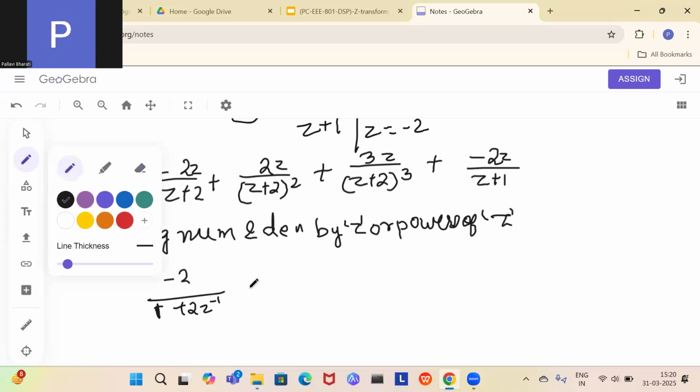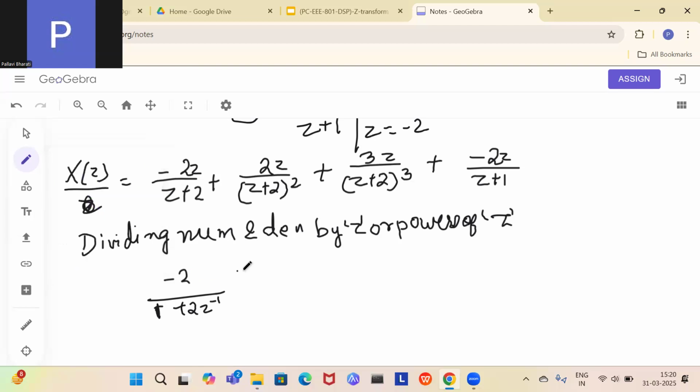So the first one that you get is minus 2z by (z plus 2). If you divide it, then you're going to get minus 2 by (1 plus 2z inverse). Right? Now the next one is plus 2. Here you see, since the highest power of z will be square, we are going to divide by z square.